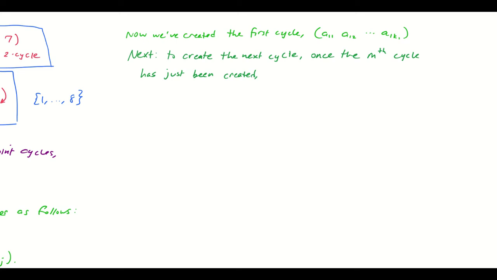If there's nothing left, then there's no next cycle to create. Is every element of this set, 1 through n, in a cycle? If so, then we are done.